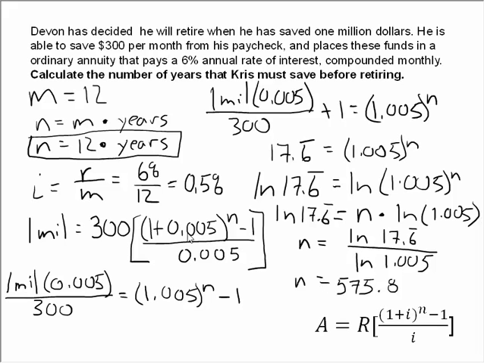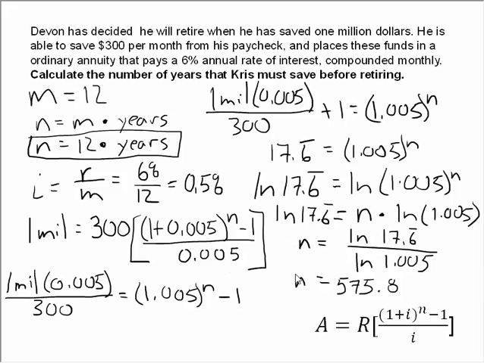What is n? Well, we defined n in this problem as the total number of compounding periods, and since we're dealing with monthly compounding, this n is the number of months that Devin or Chris, take your pick, has to save in order to earn $1 million, putting away $300 a month.